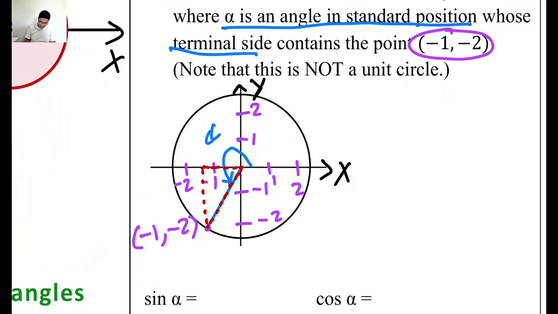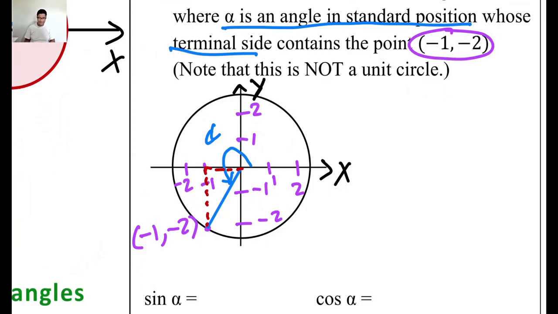Actually, let me go back. I should have marked the negative one a little more carefully. Let's say negative one is here. The reason is this triangle then meets at that point, right?